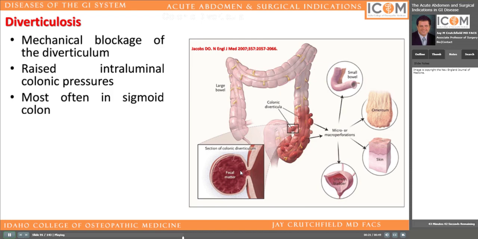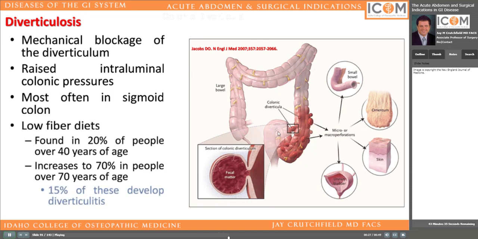Diverticuli are most common in the sigmoid colon, and at one time was thought to be secondary to a low-fiber diet, as it is found in 20% of people over 40 years of age, and it increases to 70% of the people over 70 years of age, and 15% of these will develop diverticulitis. There is some data today that actually suggest low-fiber diet may actually not be the cause of diverticular disease.